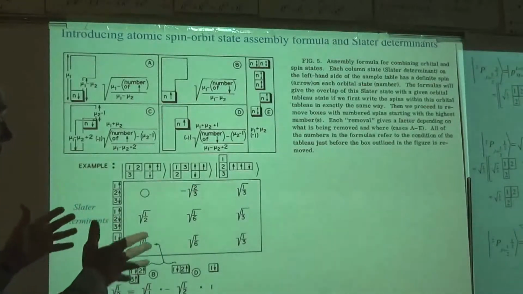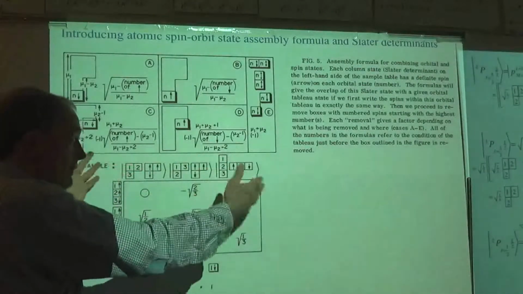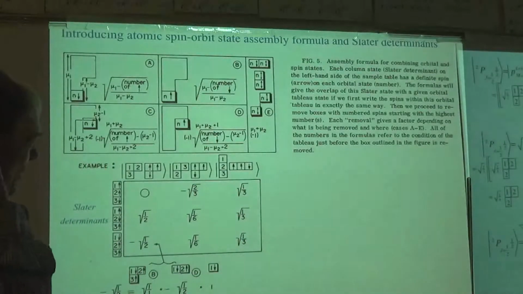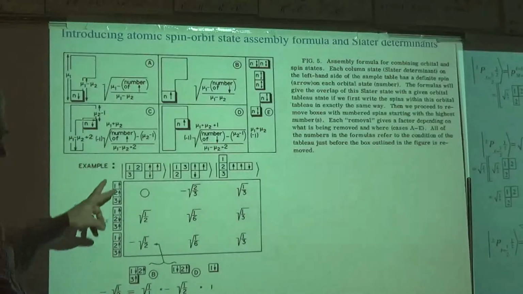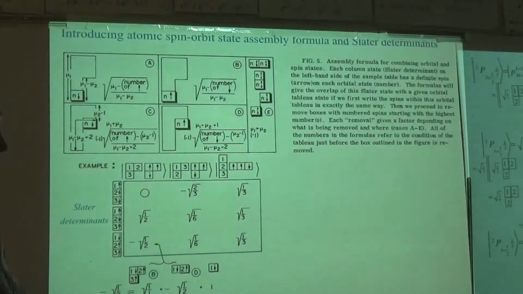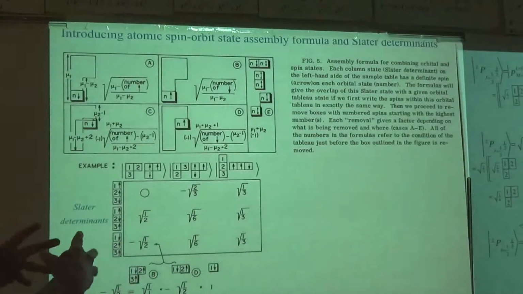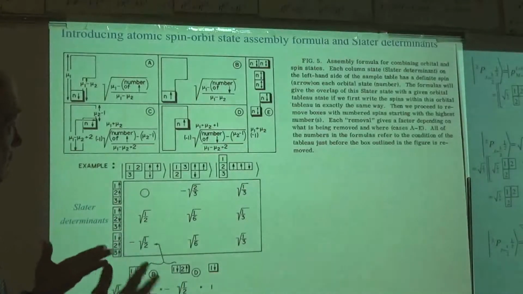We have written these states out in detail in the last lecture. And the question is, how do you convert those to Slater determinants? Because that's a really powerful way to handle this while taking care of both the spin and the orbit.